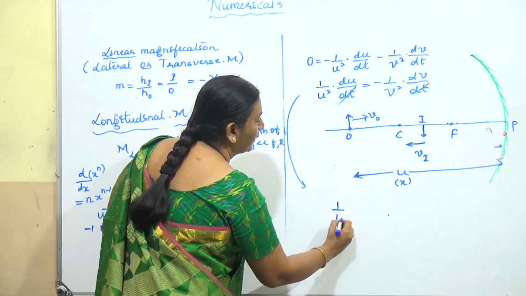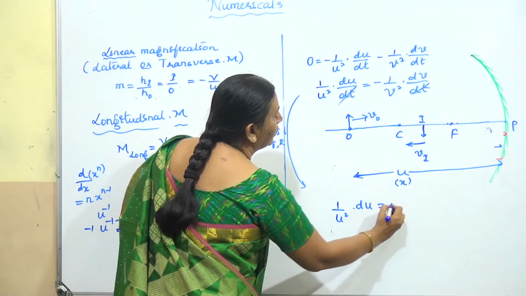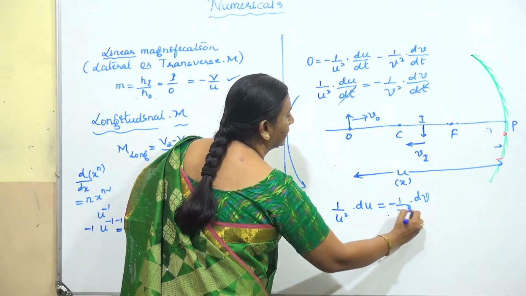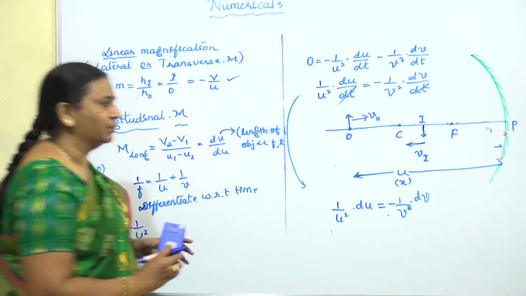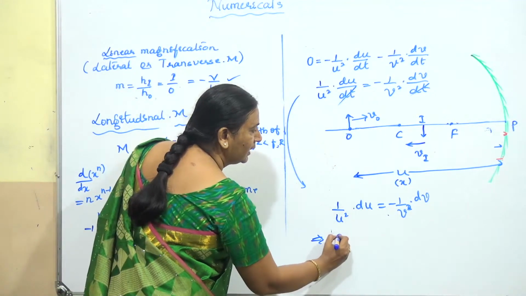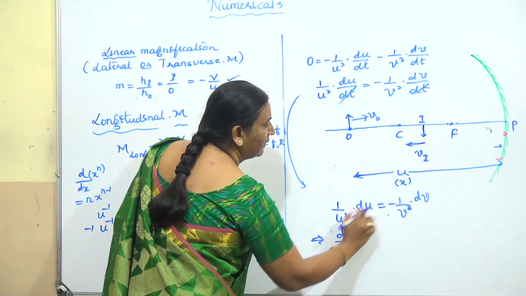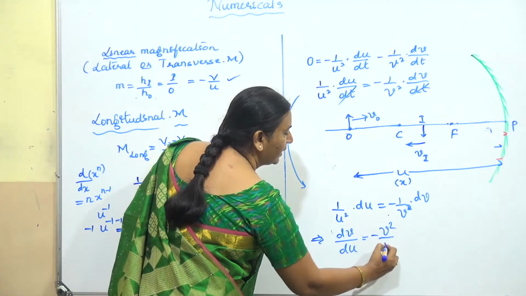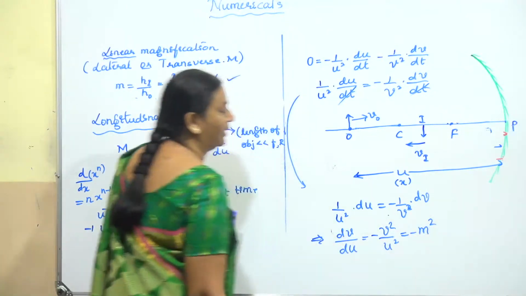So 1 by u square into du will be equal to minus 1 by v square into dv. What you want is dv by du. So I can write dv by du becomes minus, also transferring this side, v square by u square. That is minus once again m square.